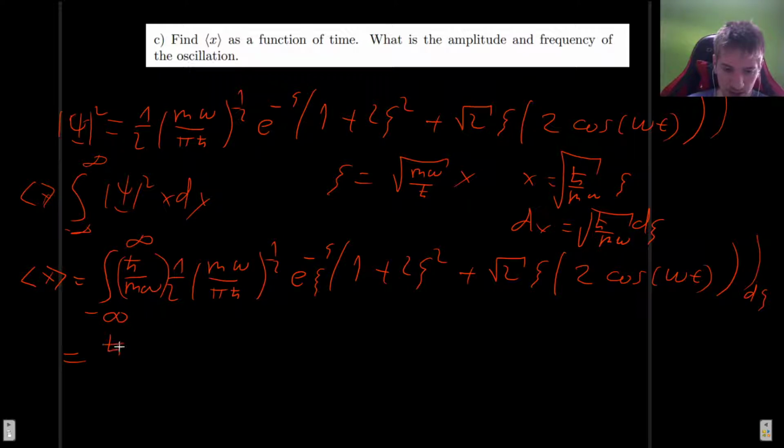So we get h bar m omega. Let me just double check. M omega, yeah, and there's going to be a pi here. So it's the square root of all of this. And then we got this 1/2, and I think that's all of the constants.